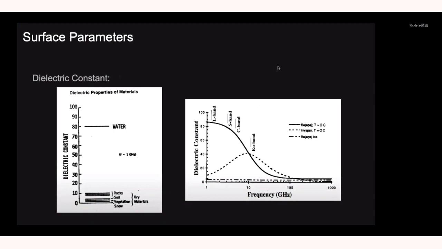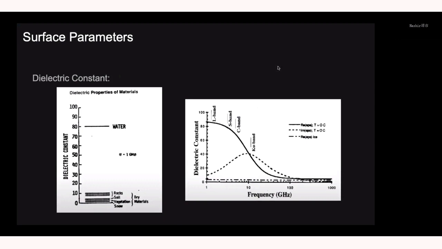It means if there is moisture in the surface, there will be a dielectric effect. The dielectric property of a material influences its ability to absorb microwave signals or energy. So in short, the dielectric is an indicator of conductivity and reflectivity.